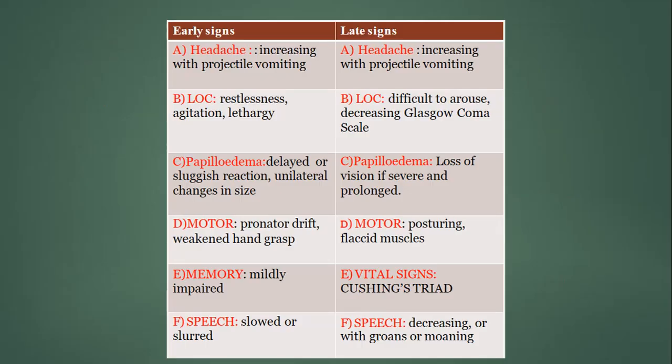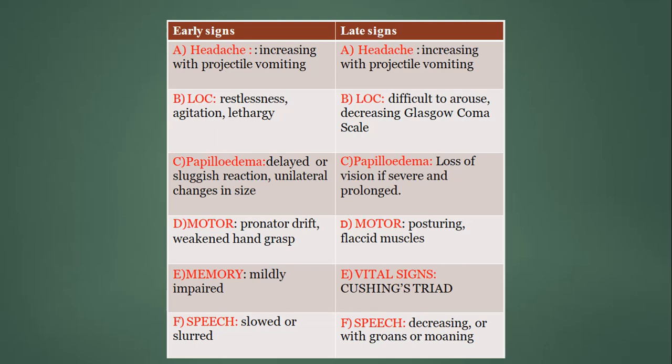So here you can see the early and the late signs. Headache can be early and the late as well. Similarly, loss of consciousness can be there early and the late. But in the late, there will be difficult to arouse and decreasing GCS. Papilloedema can be there, but especially in the cases of delayed features.